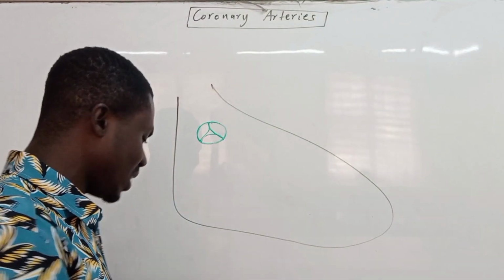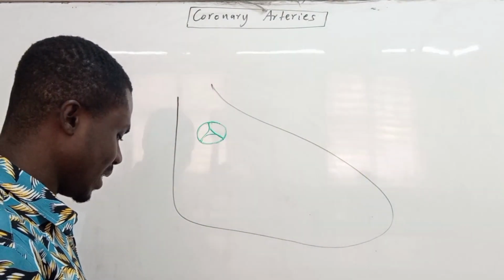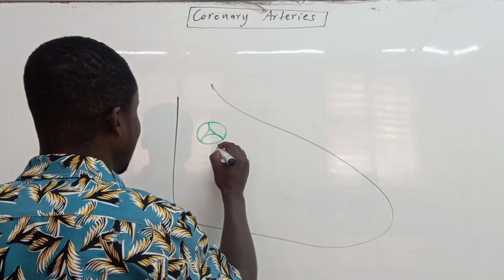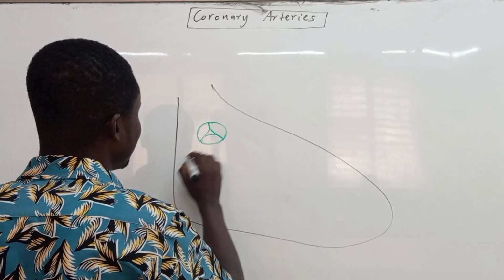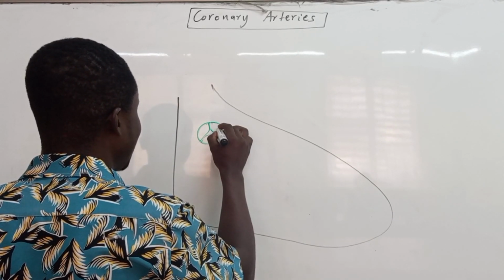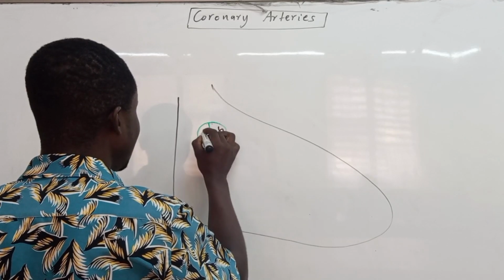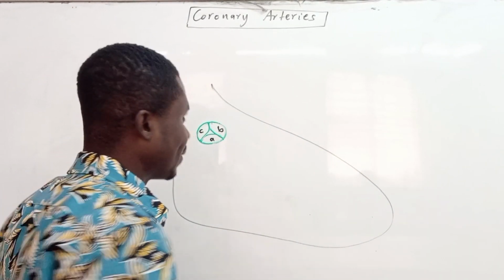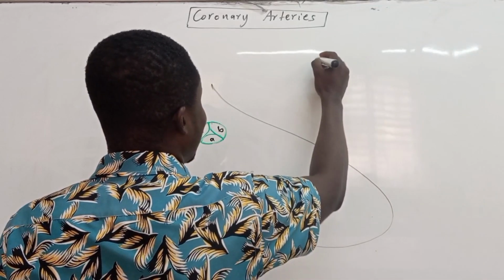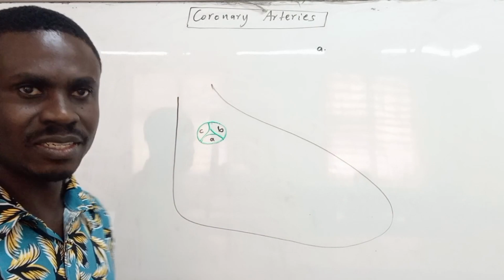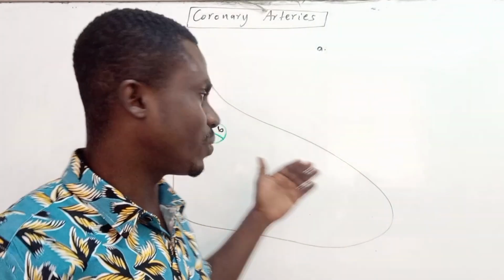So you can see all these cusps that I have over here. Now let me label them with letters of the English alphabet. Let me call this one A, then this one B, and then this one C, in this manner, anticlockwise.